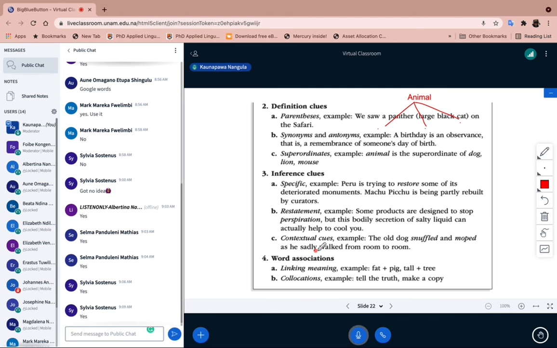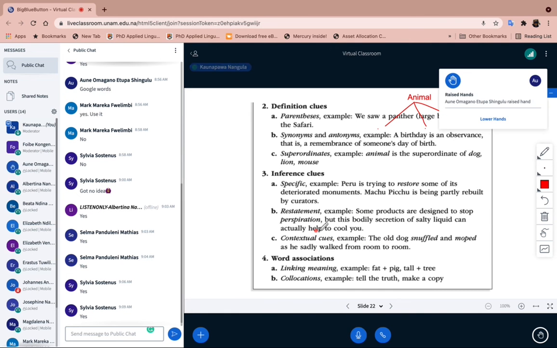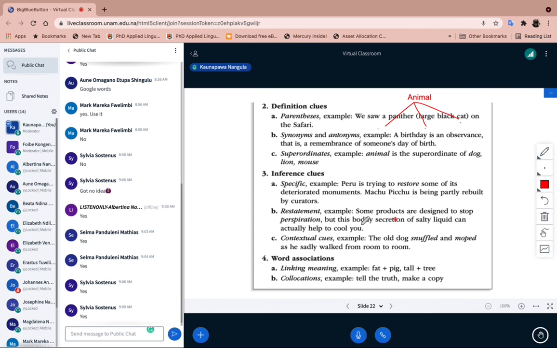And then contextual cues. For example, the old dog snuffled, mopped as he sadly walked from room to room. Oh, okay. All right. So contextual cues are words that help you understand the word better from the context. We have snuffled. Maybe the learner doesn't understand what snuffled is. And then we have mopped.